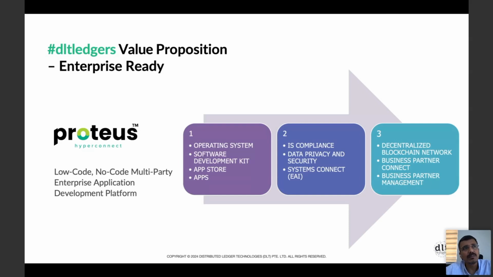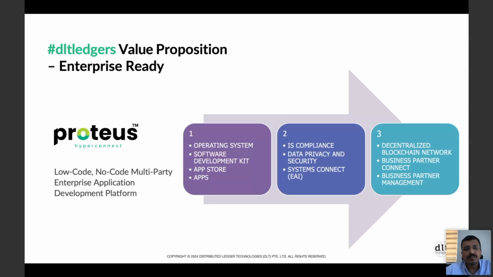The idea here would be not to have a centralized application where we would want everyone to trust us, but rather to have a decentralized blockchain network where these applications would be deployed, and you would have very seamless business partner connect enabled by this network, and very seamless business partner management and onboarding facilitated by Proteus.